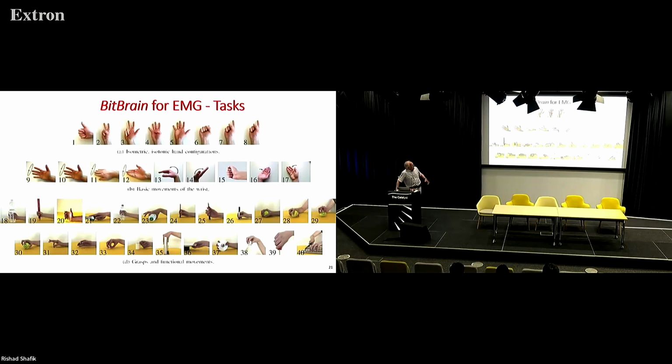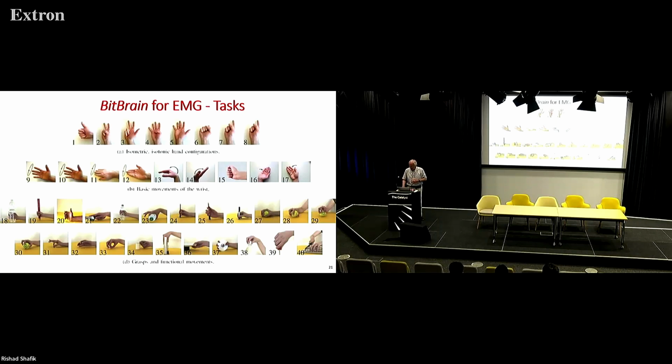And the second line are movements, so that the hand is moving one way or another in particular configurations. And the bottom two lines are a whole set of different hand functions, grasps, and that kind of thing. Not quite sure how to describe them.